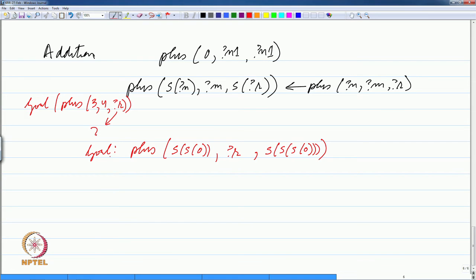So, when I say goal, I am basically asking, remember it is an existential query, that does there exist an R such that this formula is true essentially. So, obviously, in our human notation we are asking, is plus 2 with some variable give me 3.